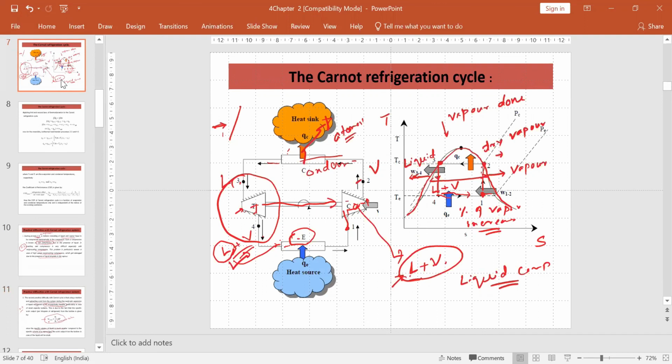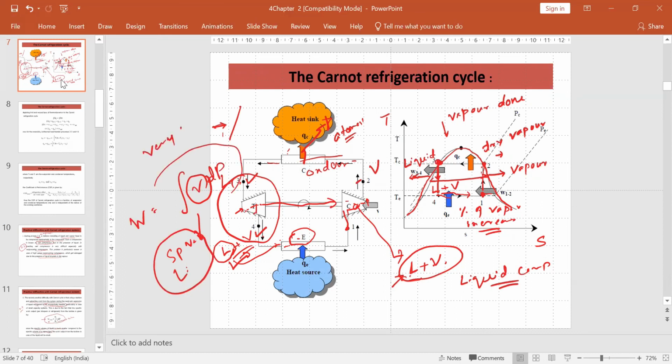But this turbine has to deal with liquid, which has to expand. So the integral of V dP, the work done in the turbine from this pressure to this pressure, uses V, the specific volume of liquid, which is very small. As a result, this integral is very small, and for this reason the work generated by the turbine is very small.